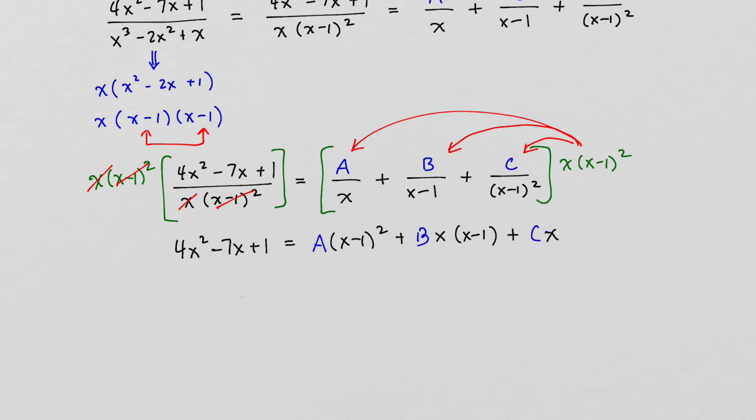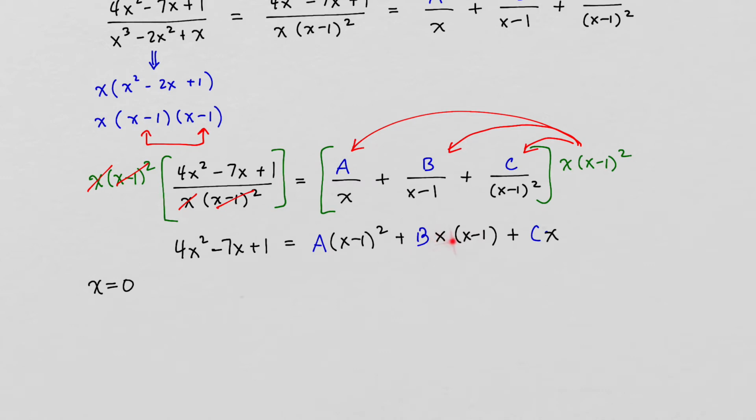All right, so now we've gotten rid of all the fractions. Now we can solve for a, b, and c. Now what I can do is let x be equal to 0. If I let x equal 0, notice that this factor cancels out because c times 0 is 0. And this factor also cancels out because b times 0 times whatever is 0, right?